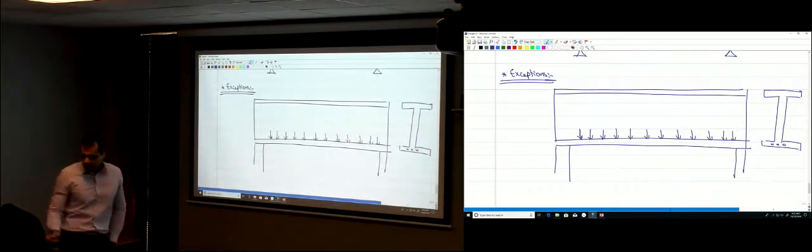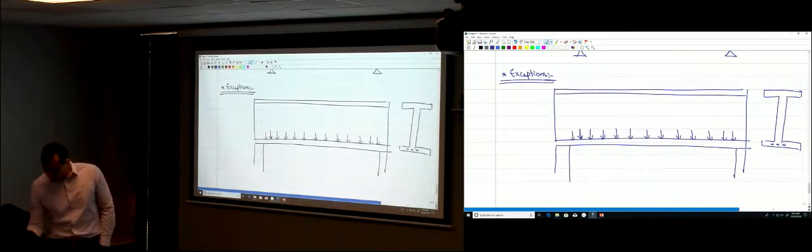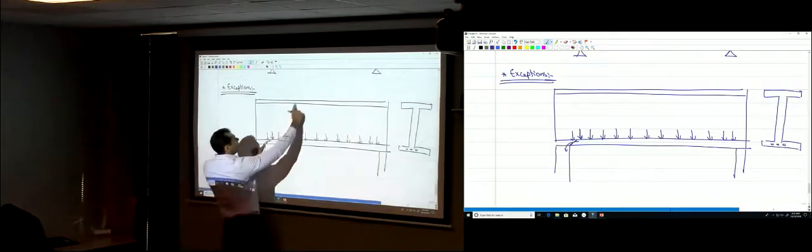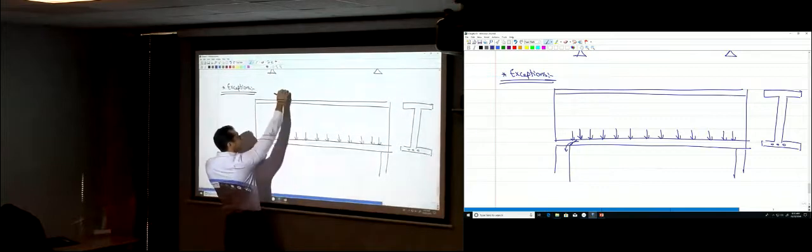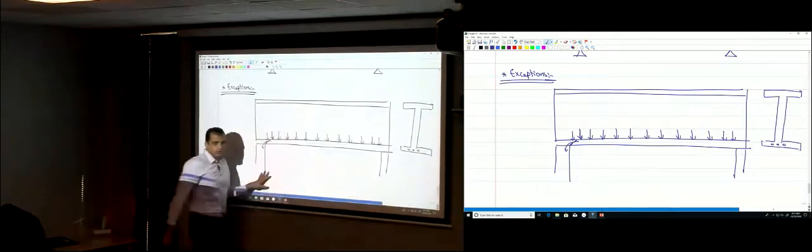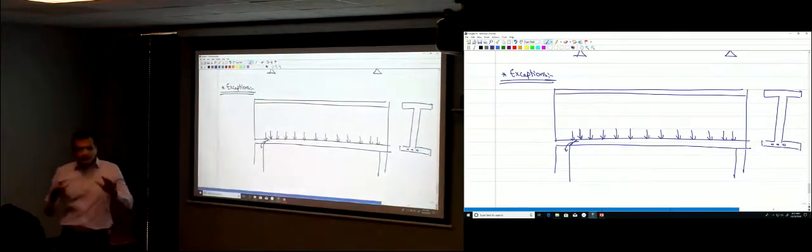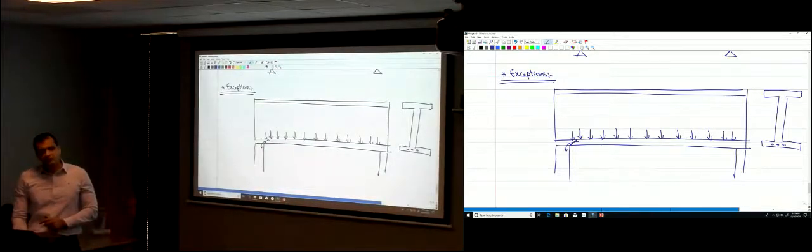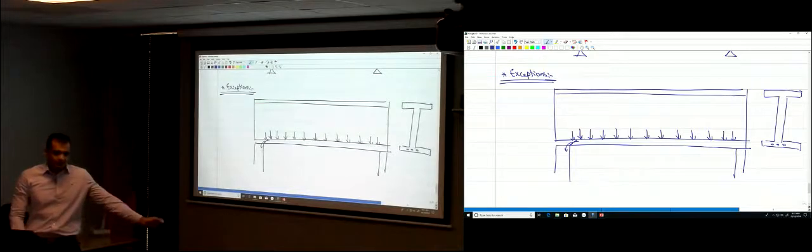No, because for this load to go to the support, you don't have a distance d, right? You would have a distance d, the depth of the beam, if the load was on the upper flange, on the top of the beam. But if the load is applied on the lower part of the beam, you cannot decrease the magnitude of the shear. You have to use the shear at the support.